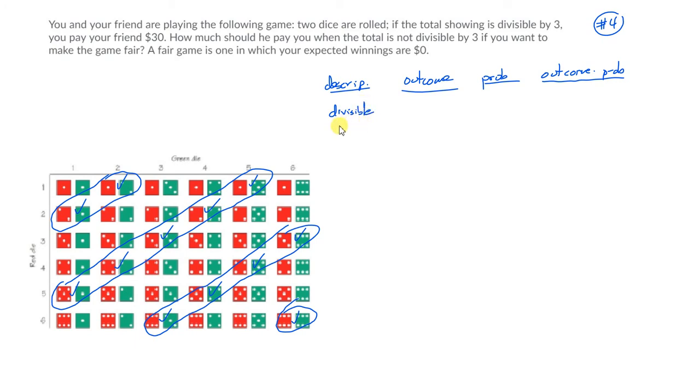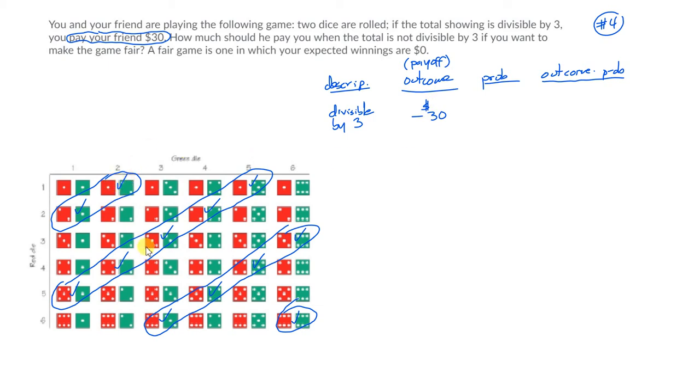If you get a total that's divisible by 3, what's the actual payout? By the outcome, we mean the actual payoff. How much do we get? Well, if it's divisible by 3, we pay our friend $30, which means we're losing 30. So to us, that's negative. Now, what's the probability of that happening?